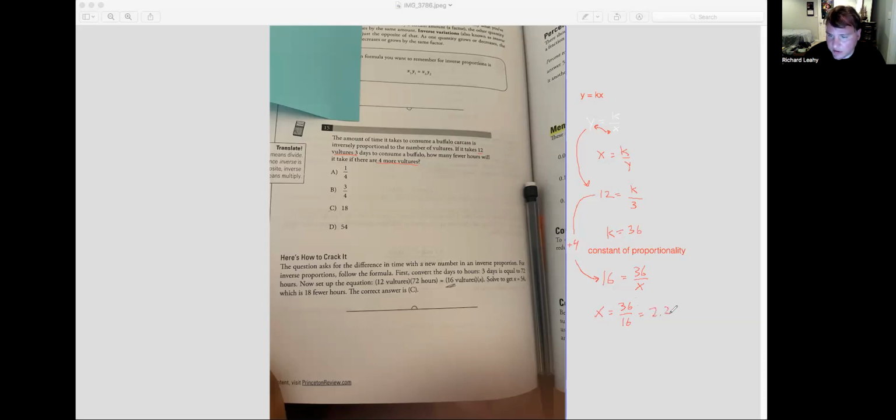Now 36 over 16 is 2.25. But what's important here is units. Now we're looking for a unit of time. How long does it take the vultures to consume the buffalo? It's not 2.25 hours, it is 2.25 days because the buffalo is pretty big. So we have 2.25 days.